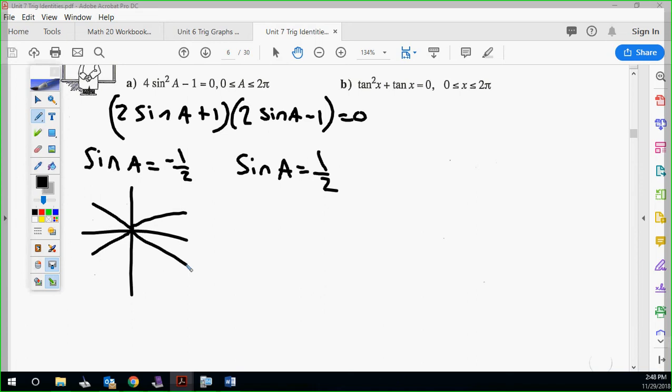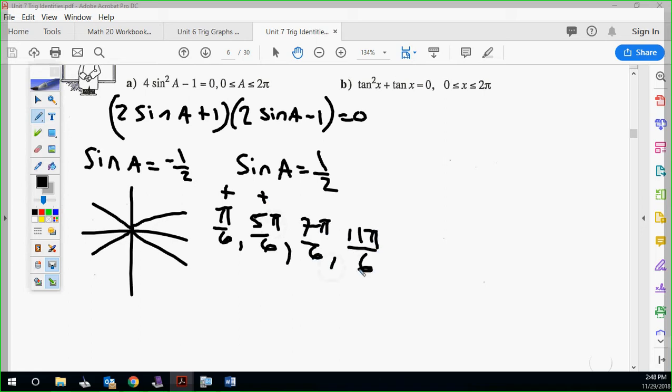So we want all 4 reference angle spots. It's in radians, so we want the pi over 6, 5 pi over 6, 7 pi over 6, and 11 pi over 6. Those are your positives. Your 7 pi over 6 and your 11 pi over 6 are your 2 negative 1/2. Does that make sense?